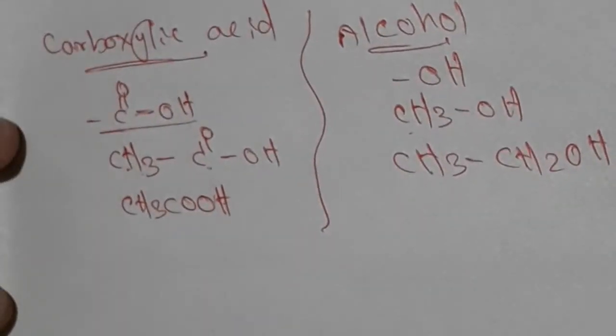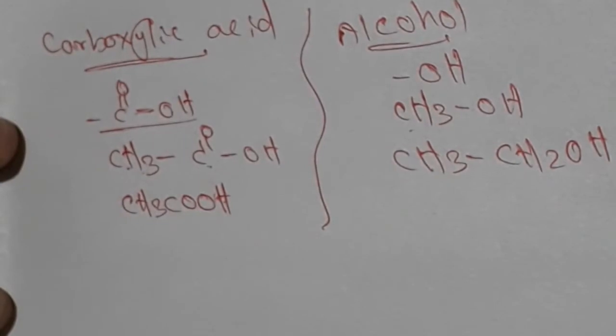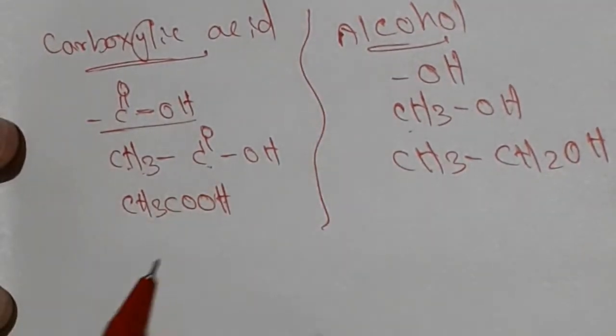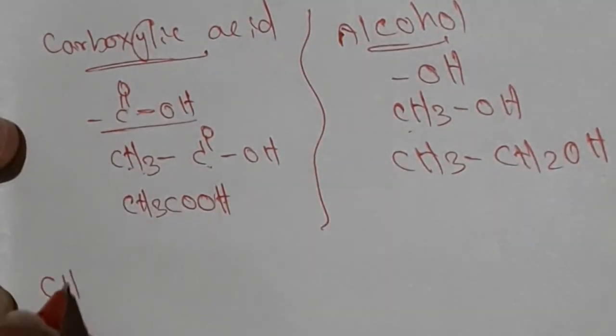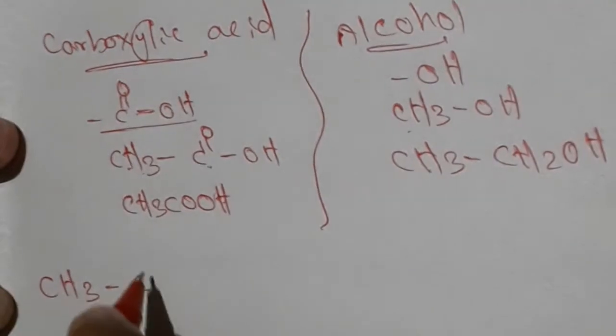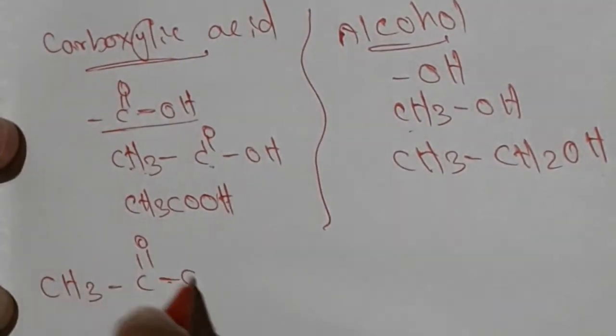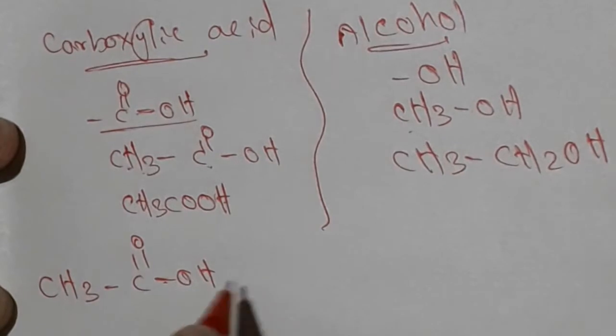Here another thing you have to understand: alcohol and carboxylic acid react together in presence of concentrated sulfuric acid, and form ester. For example, here you have CH3C double bond oxygen OH, it is ethanoic acid.